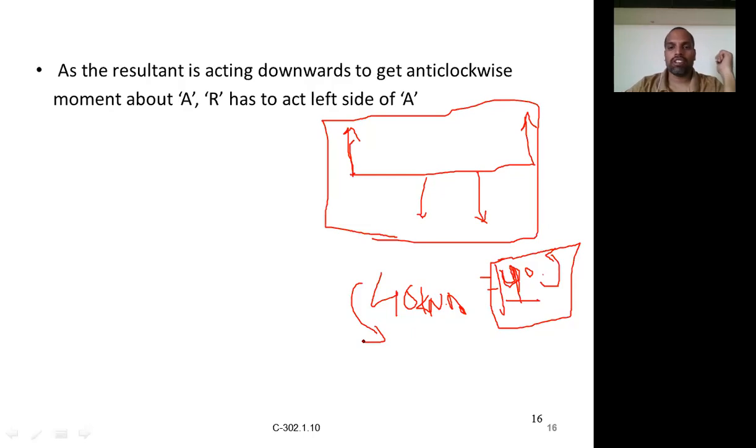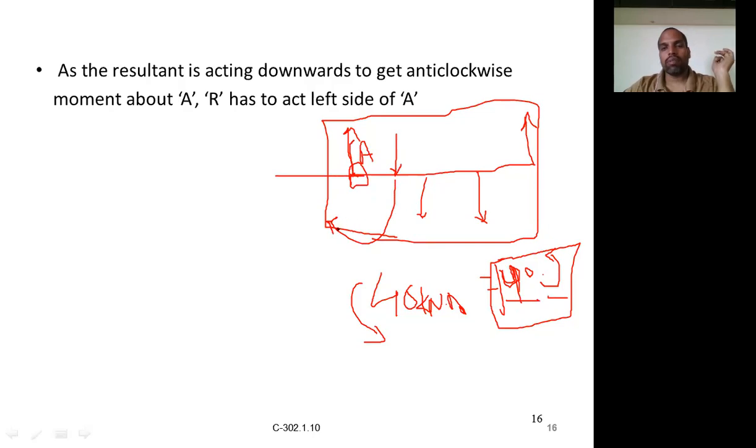So the resultant also should produce an anti-clockwise moment about point A. Our resultant is in the downward direction. If you assume the resultant is here on the right, about this point it is creating a clockwise moment.